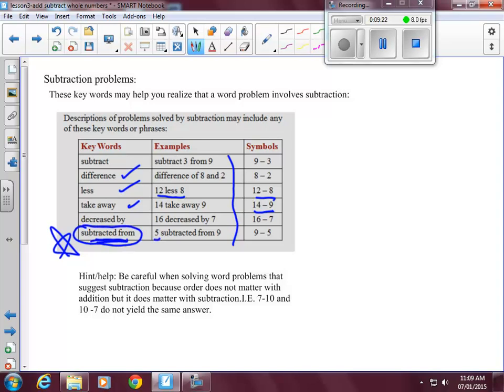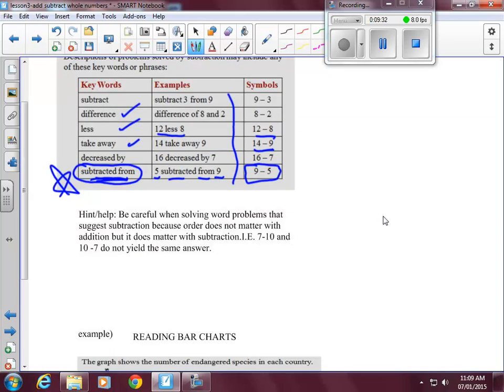When you say 5 subtracted from 9, look at how that translates. 9 minus 5. You see that? So just be careful with the translation. A big sort of warning here, if you will, is that when solving word problems that suggest subtraction, be careful, because order does not matter with addition, but it does matter with subtraction.